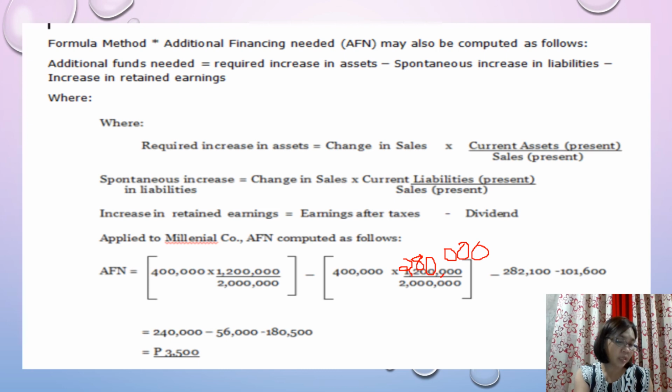And then, yung dividend po ay 101,600. So, pag minus nyo po yung dalawa, ang magiging answer po dyan is 180,500. So, less natin yung 240,000 minus 56,000 minus 180,500. So, ang kailangan po natin na additional financing sa firm ng Millennial Company po ay 3,500.